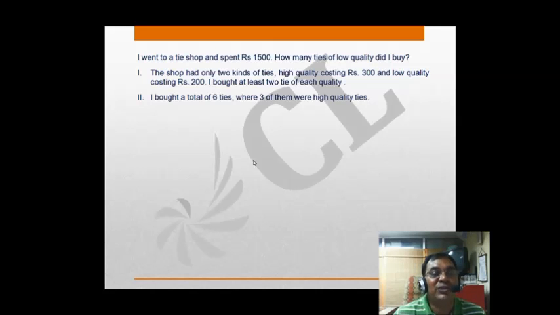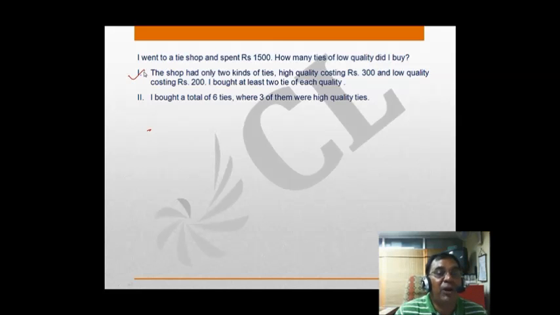So two sets cost me 1000 rupees. So now I'm left with 500 rupees. The fact is, I'll have to purchase 3 sets. Otherwise, there will be no money saving. I cannot spend 1500 by purchasing only 300, 200. So my first one, I'm getting the answer.